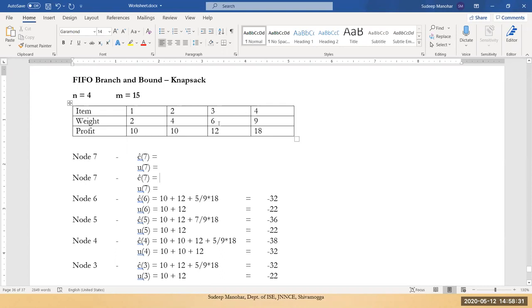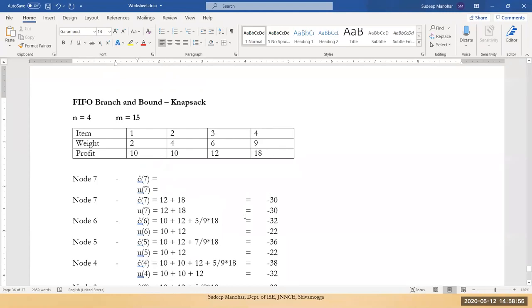Therefore, both 3 and 4 can be considered fully. So 12 plus 18 is 30. Even without fraction, it is the same, 12 plus 18, because you are not considering any fraction. It is minus 30.